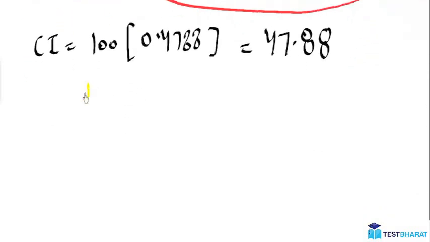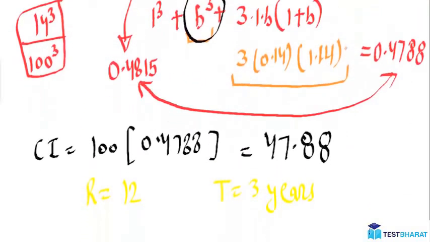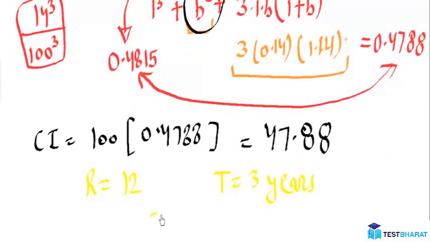Let's say we are given r as 12 and t as 3 years. Using this, we can simply write it as 3 into 1 into b, that is 3b, when my b is 0.12, and adding 1 to the b, that is 1.12.